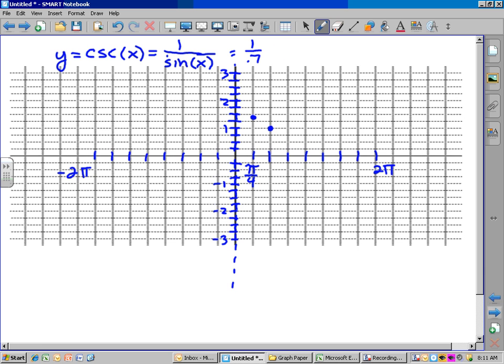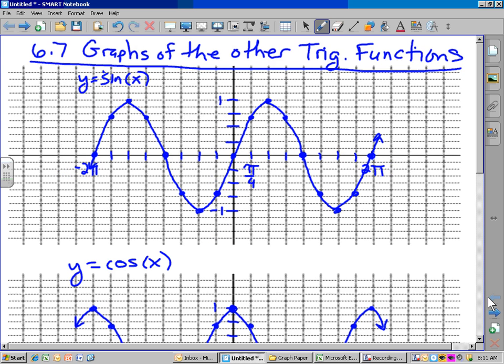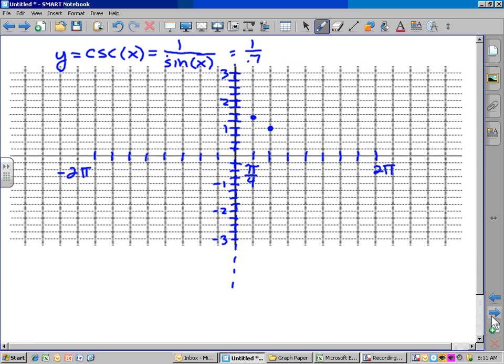The next 45 would be 3 pi over 4, or 135. The sine is 0.7 again. So what do we go back to? We go back to approximately 1.4.